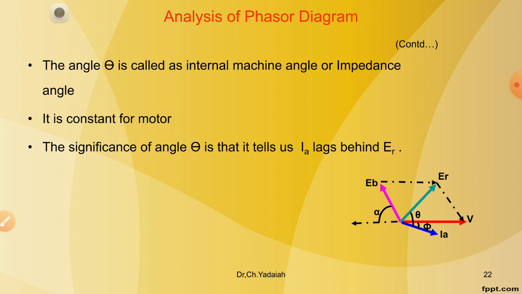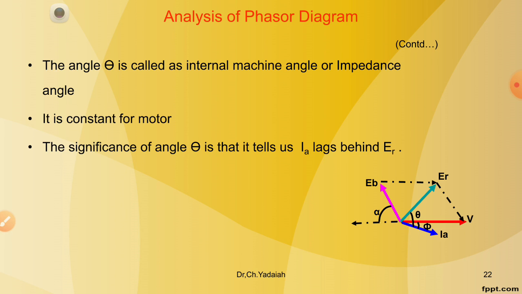The significance of angle theta is that it tells us the armature current lags behind ER. So, this decides whether the angle between the armature current and resultant voltage is leading or lagging. It will give the value.